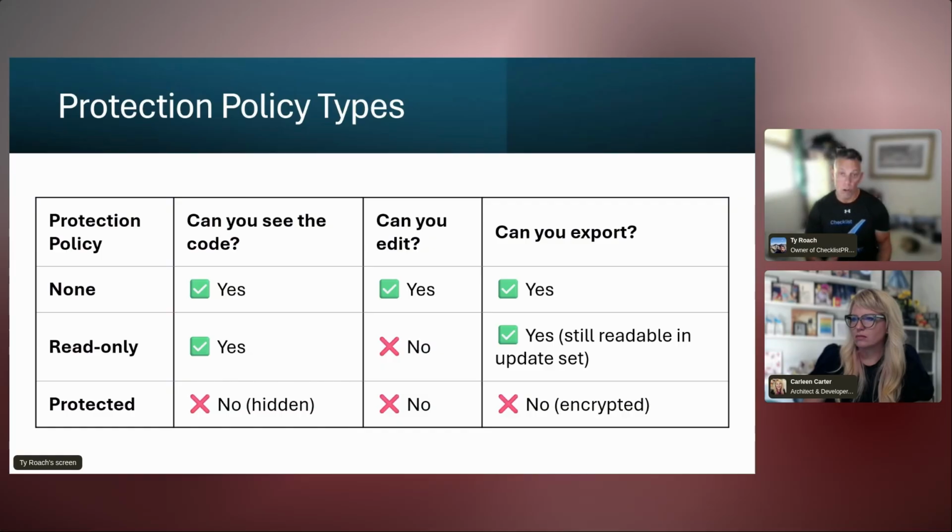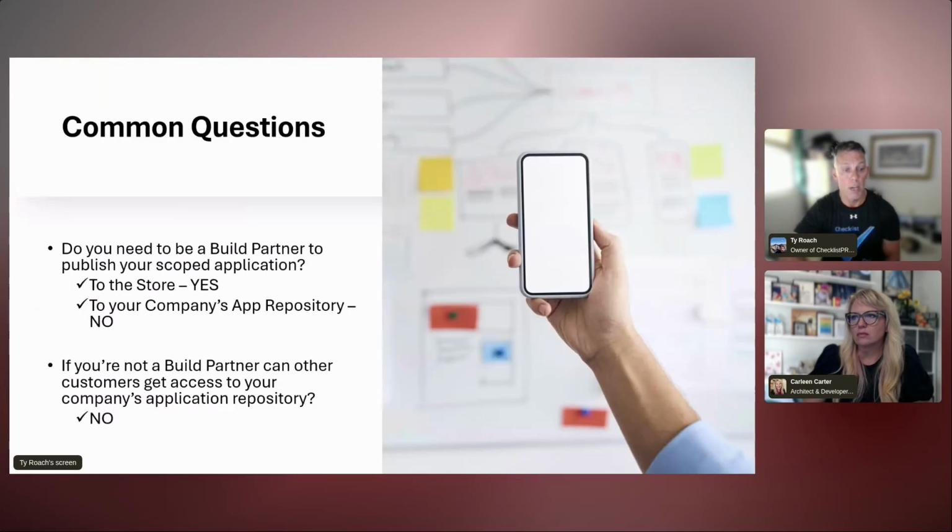And you can also still export it, and you can look at the contents of your export. Last one, the protected mode, is you cannot see the code, you cannot edit the code, and you cannot export the code. So that's the one that provides the premier IP protection that you would want to use if you have some gold in it.